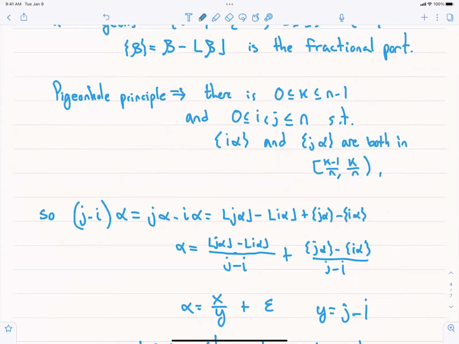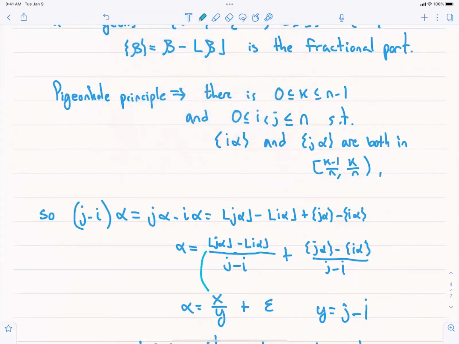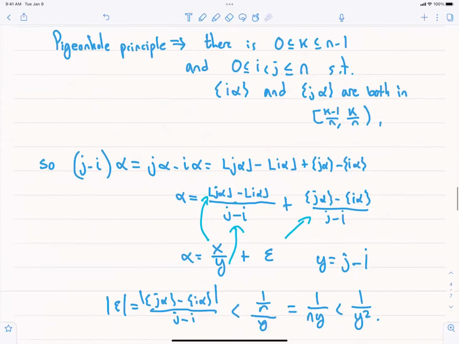So I have alpha equal to x over y plus some small number epsilon. x is this integer up here, y is j minus i, and epsilon is the difference of the fractional parts over j minus i. So in particular, my y here is j minus i. Okay, so this is supposed to be my approximation.